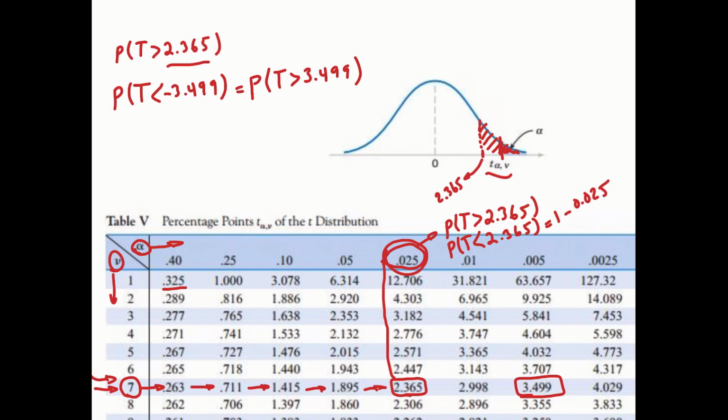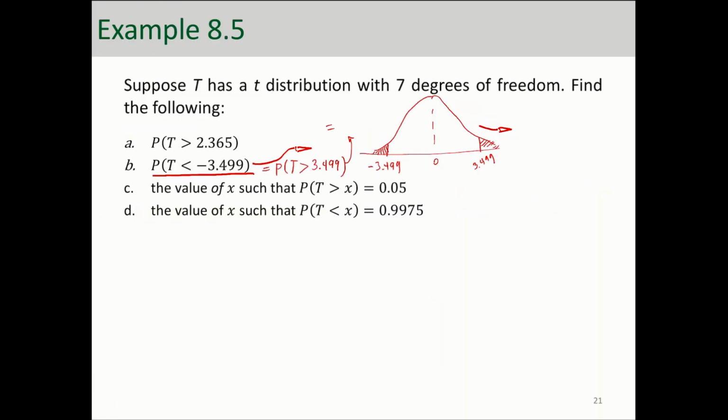When you go up here, that is the probability, 0.005. That is the probability that we wanted, and that is basically this area.